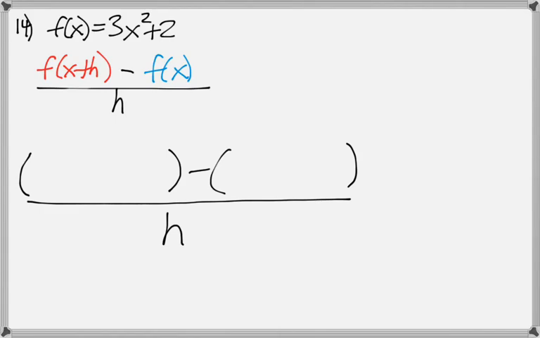Okay, so this first part here, this f of x plus h, that is the function with x plus h plugged in. So if I look at my function and plug in x plus h, wherever I see x, that's what I want to put here.